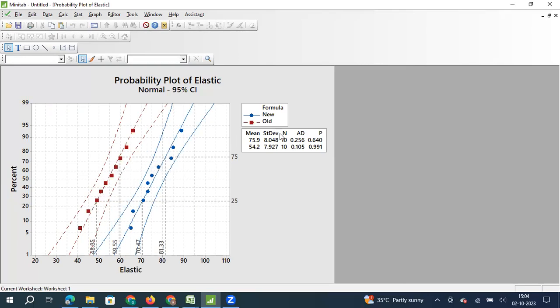Whereas in the new formula, the center 50 is somewhere around 70.47 to 81.33. So the data has a significant shift depending upon the formula that we use. The center 50 percentile of your data has a significant shift in terms of its elasticity. This is one inference. So let me minimize this graph.